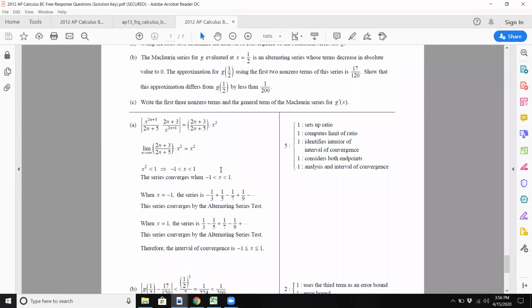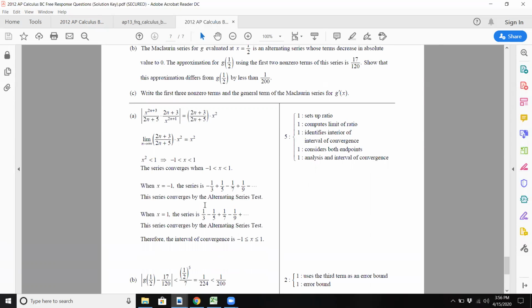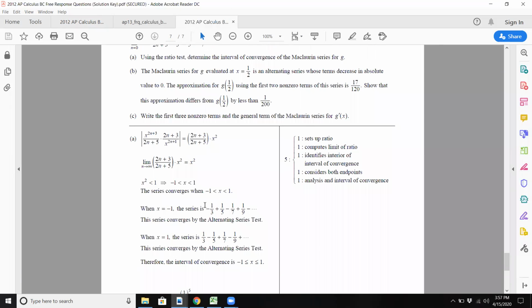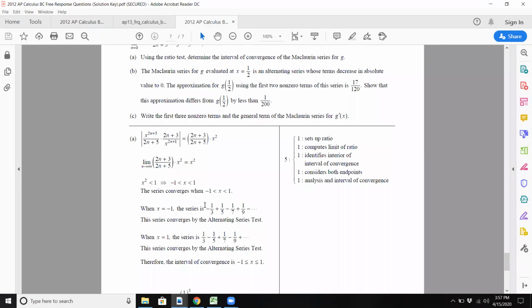So they say to approximate G of 1/2 using the first two non-zero terms, 17 over 20. So that'd be like these two terms here. And I guess it looks like what they did was they subtracted that from 17 over 20, 17 over 120.